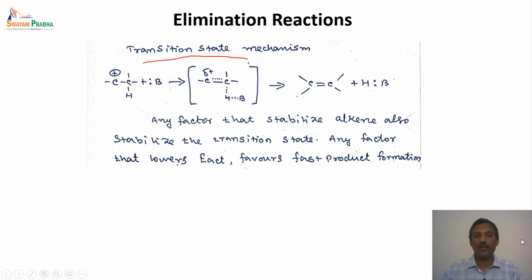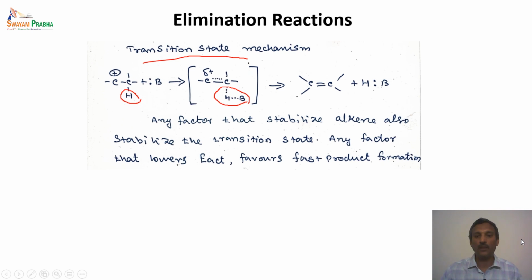And when we talk about the transition state mechanism, in the transition state, the base combines with the hydrogen atom, and the CH bond is weakened, and simultaneously the CC bond is partially formed because we have a delta plus charge on this carbon.